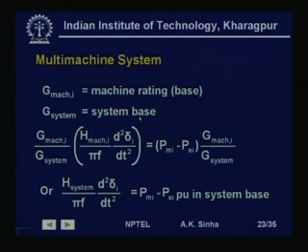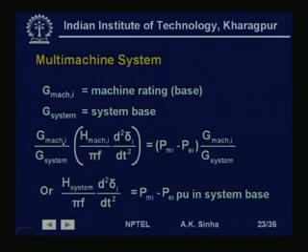Now, we have to convert the inertia constants of all the machines like this. For machine i, H machine i has to be converted to the system base, and this we can do by multiplying H machine i by G machine i divided by G system.